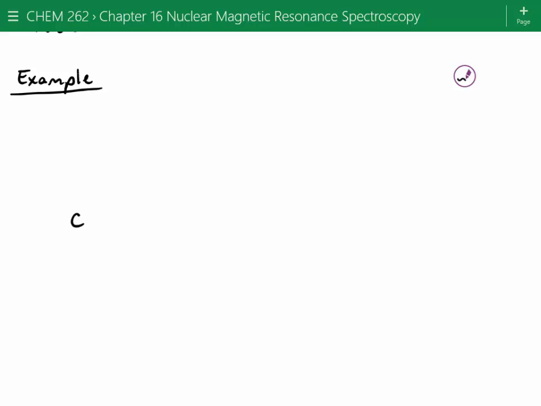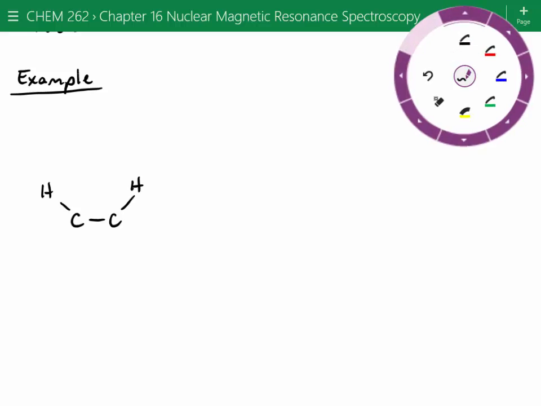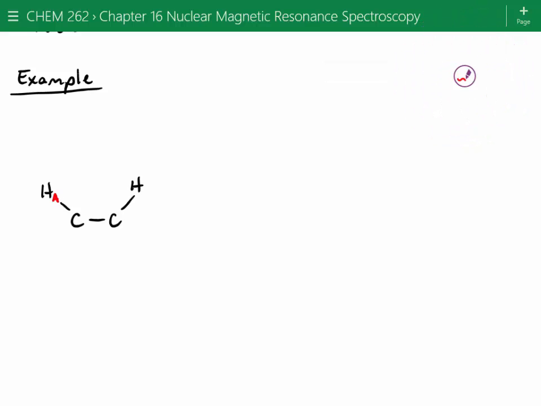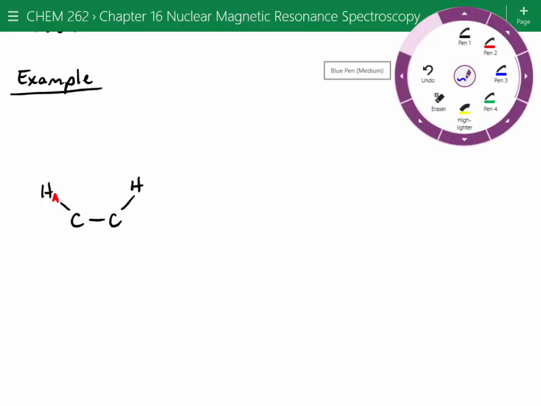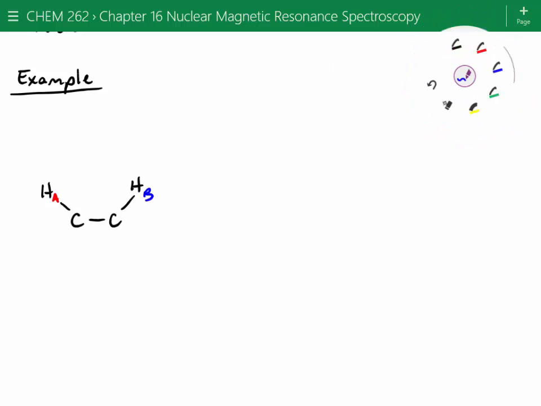What I'm going to do is I'm going to just have two basic carbon atoms, and I'm going to label this one as HA and the one on the right HB. And I'm just going to throw off lines here. It doesn't really matter what's coming off of those other positions. Right now, we're only interested in HA and HB.